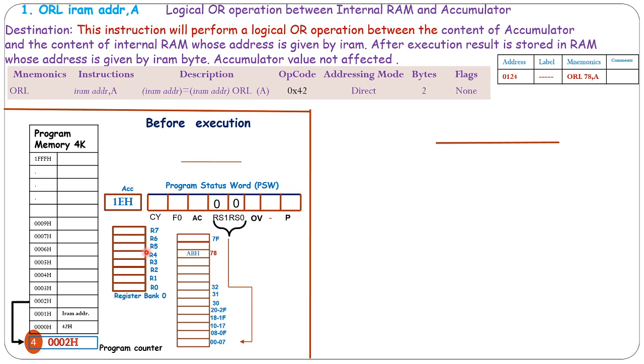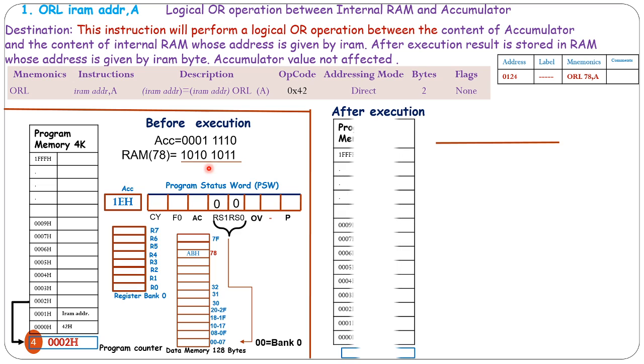So ABH and 1AH: this is where the logical operation takes place. The content of the accumulator and the content of random access memory 78H undergo a bit by bit logical OR operation.